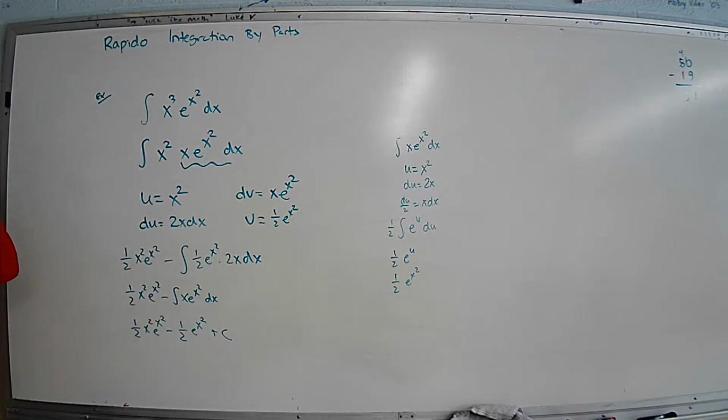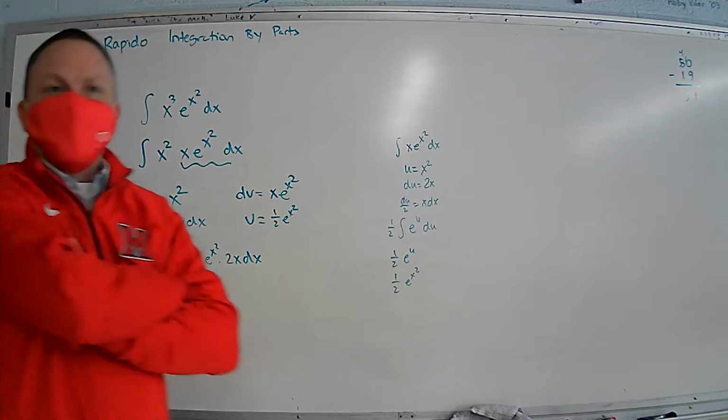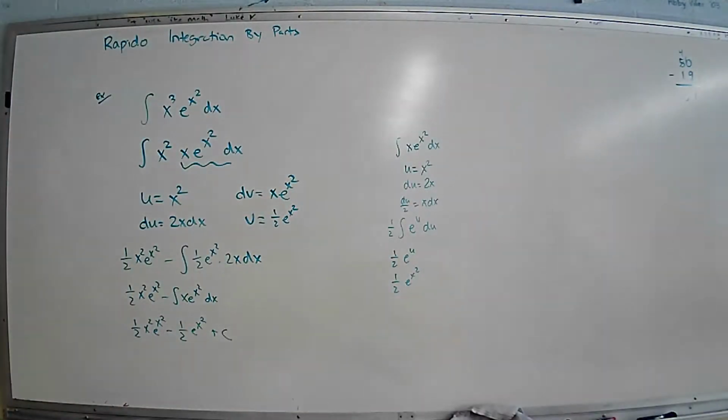Okay. So why would we not want to do this using the rapido method? Think for a second. Why would this be weird? Because you have to do that borrowing in the middle. You've got to set it up that way.